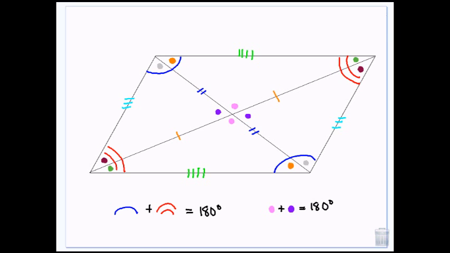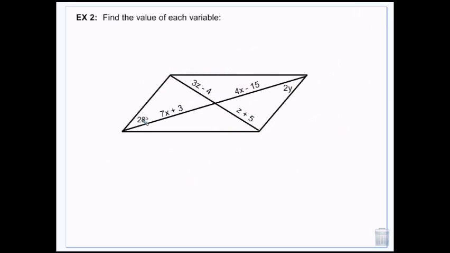These are opposite. Look at these two, the y and the 28, those are the same, right? 2y and 28. Okay, so if 2y equals 28, what's y equal? Perfect. 7x plus 3 is equal to 4x minus 15, because they're the split diagonal. So you'll subtract 4x from both sides.